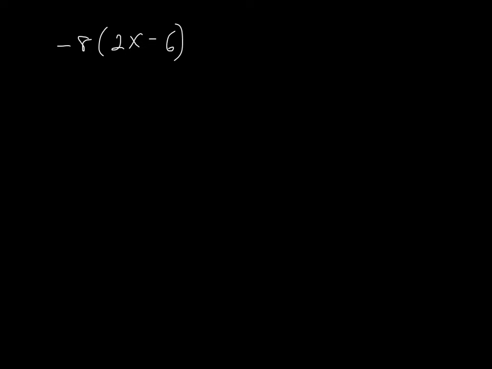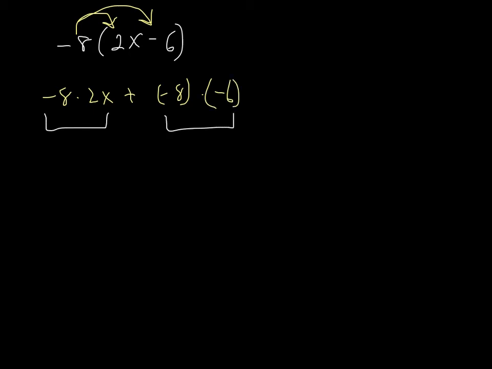Moving right along. First things first, let's draw our arrows to help me remember that I have two terms to distribute across. And so now we have a negative 8 times a positive 2x added to a negative 8 times a negative 6. So on my next layer, I'm thinking about products.